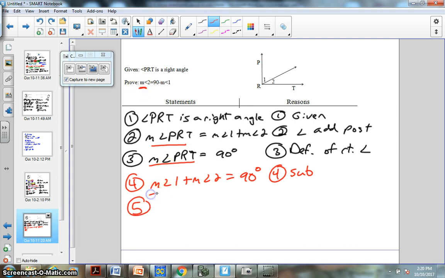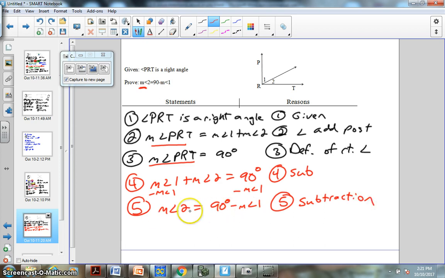So I'm going to subtract the measure of angle 1 from both sides. Now I have the measure of angle 2 is equal to 90 degrees minus the measure of angle 1. That is subtraction. And now my last statement looks like my proof, so I'm done.